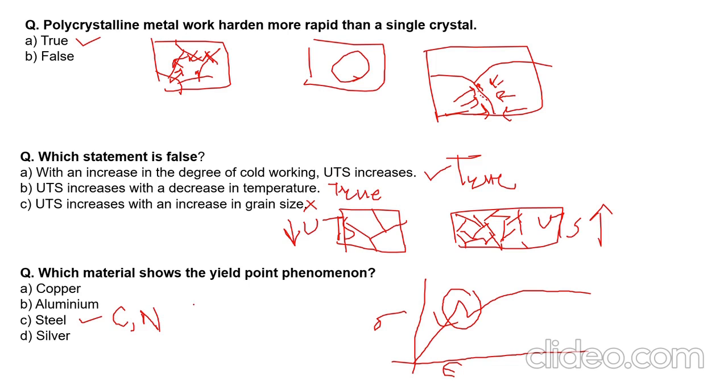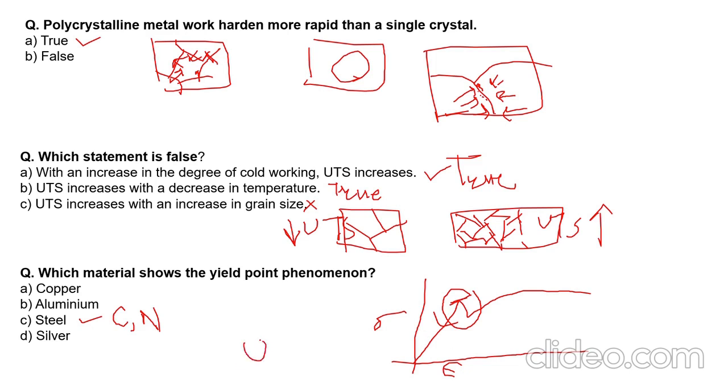By addition of these atoms, the interstitial spaces are occupied by them. These atoms act as a pinning agent, so they hamper the movement of dislocations. That is why you have a higher yield point first, because a dislocation has to overcome these interstitial atoms in order to cross over them.